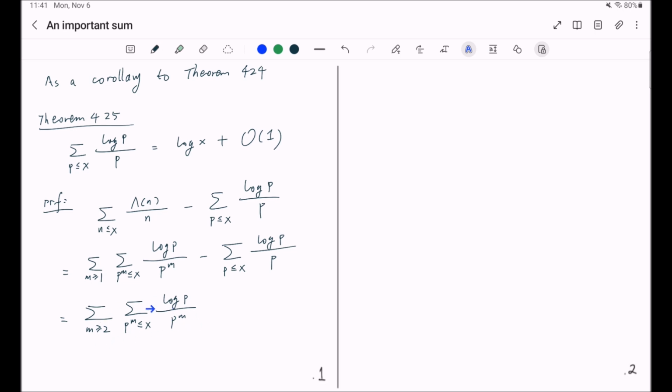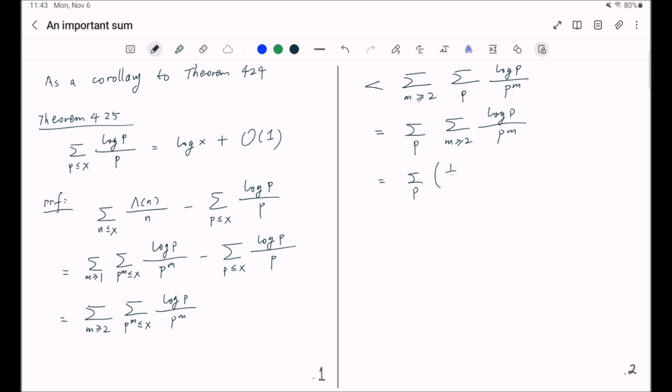And now we're going to give an upper bound of this by dropping this x. Namely, we're going to sum up all possibilities. By Fubini's theorem, we switch the sum, and this is just going to be a summation for all p's of this geometric series times log of p.